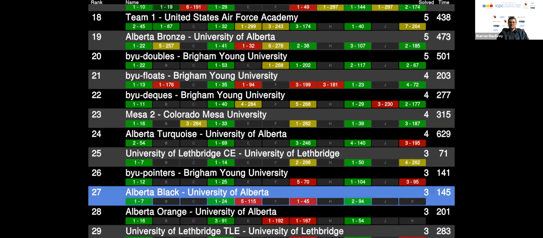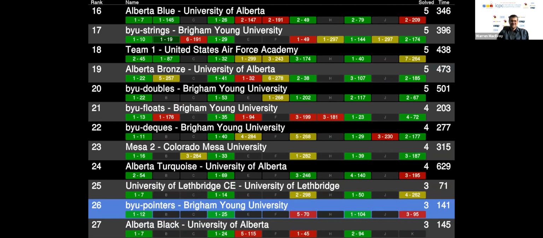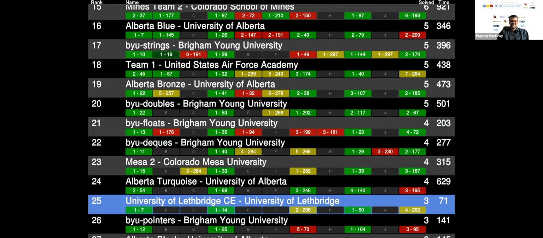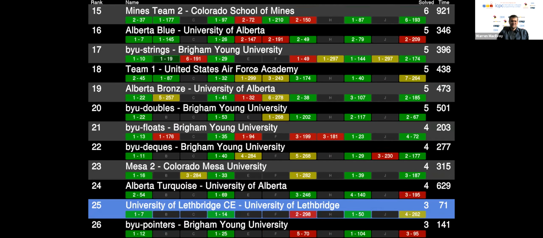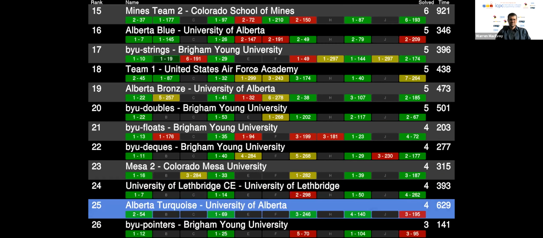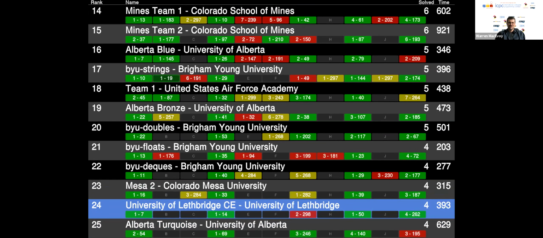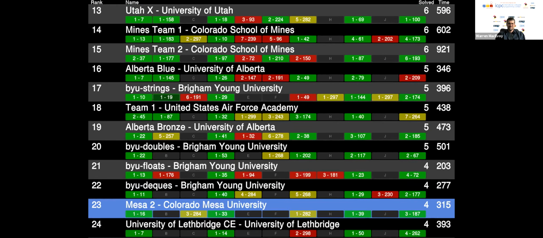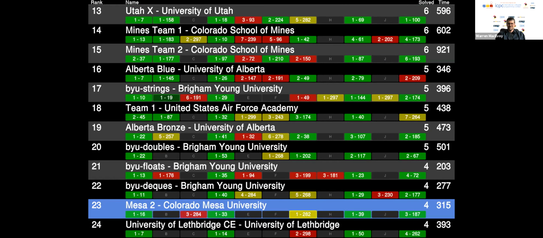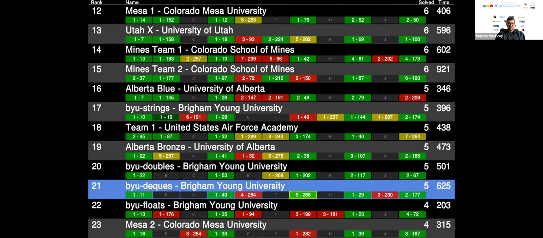Orange. Turquoise. So I don't quite remember where it all fell apart the first time.